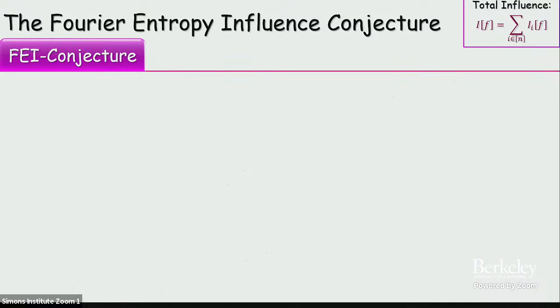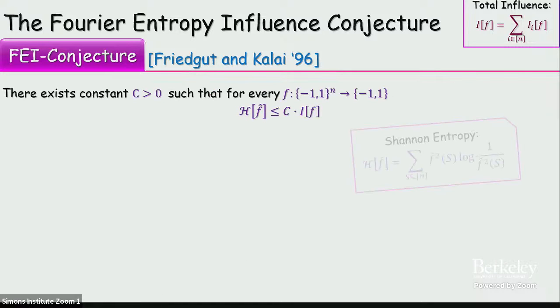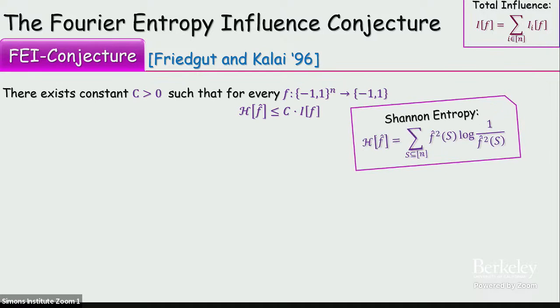So there is a famous conjecture in the field of analysis of Boolean functions, called the Fourier entropy influence conjecture. It was posed by Friedgut and Kalai, Gil Kalai, many years ago.